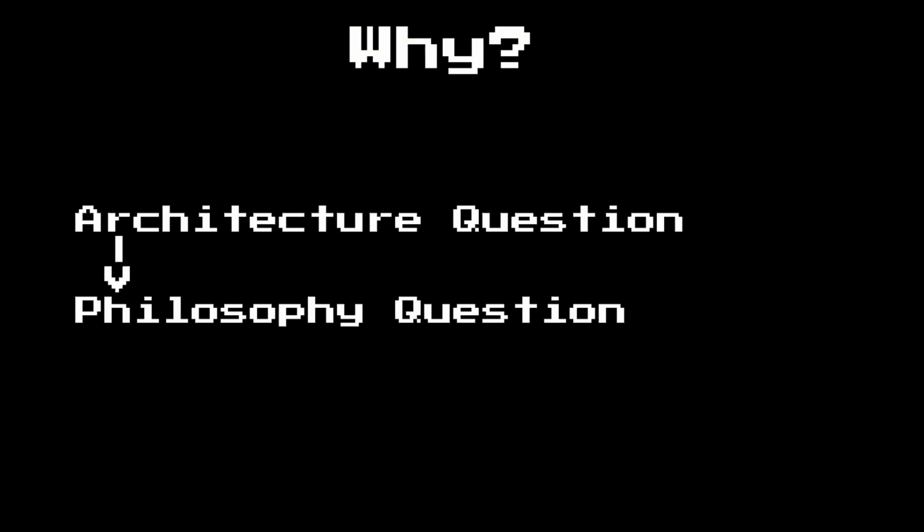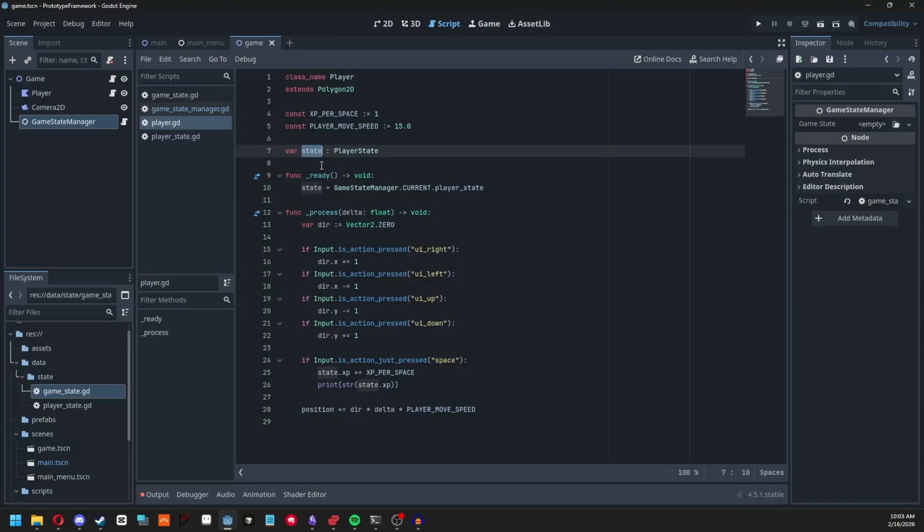Well, in any case, that's a lot of philosophizing about who owns what data, when really the data is just data. It doesn't need to be owned by anything, although this is very much an ownership pattern where the player is basically the primary owner of anything under player state. In practice, multiple things could own player state, right? You could have a health controller completely disconnected from the player that reacts to health updates, things like that.